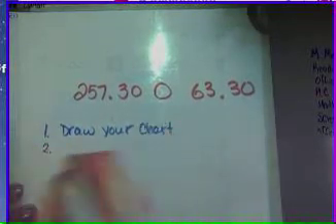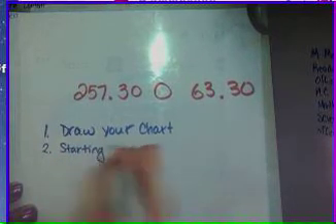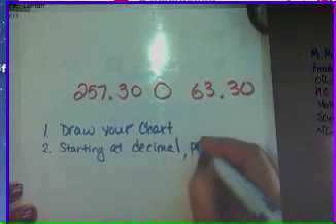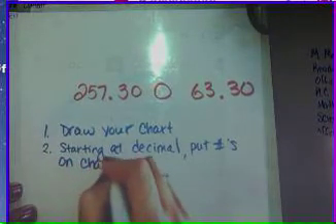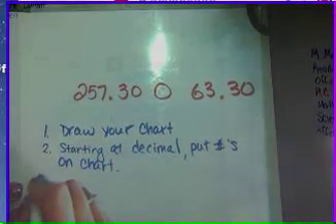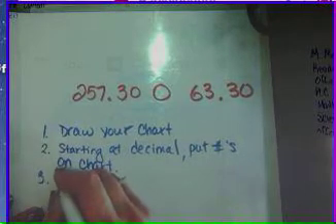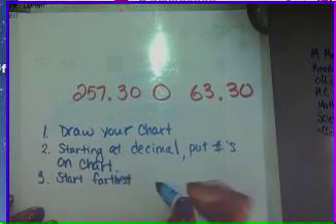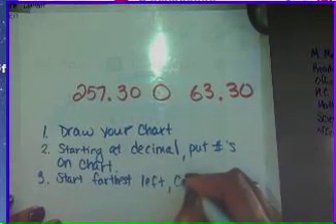The second thing you do is starting at the decimal, put numbers on the chart. And then once you put your numbers on the chart, you can start at the left. Please mute. Thanks. Start farthest left and compare numbers.